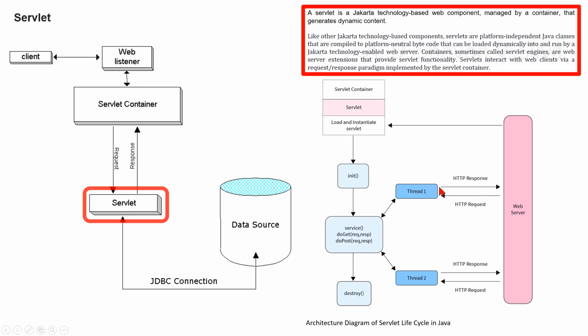The HTTP response is passed from threads to the HTTP server, and the HTTP request is passed from the web server to threads, and request handling is connected to the destroy method here.